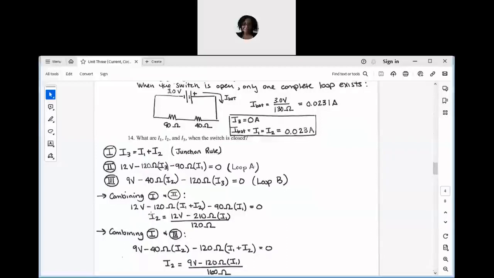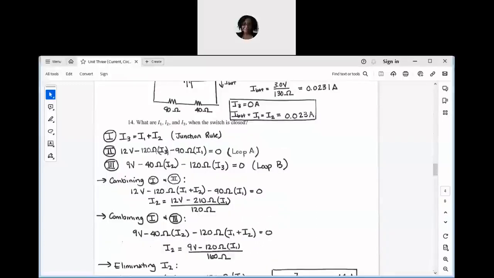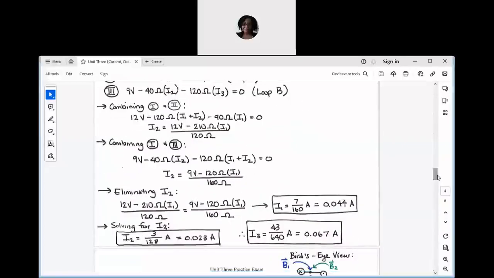So I have a statement for I2 that just depends on one of the batteries, a combined resistor, and I1 along with the 120 ohm resistor. I did something similar with equation 1 and equation 3 so that I could eliminate I3. And I have now a second expression for I2, so I can set those two equal to one another. And that's exactly what I do here.